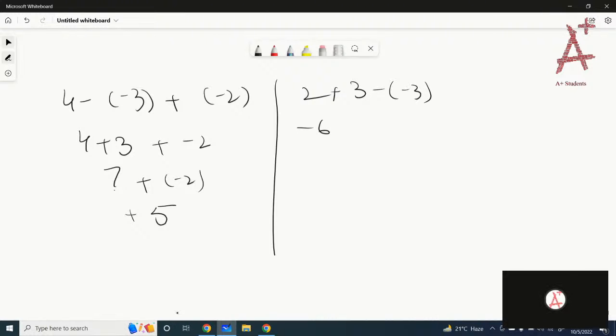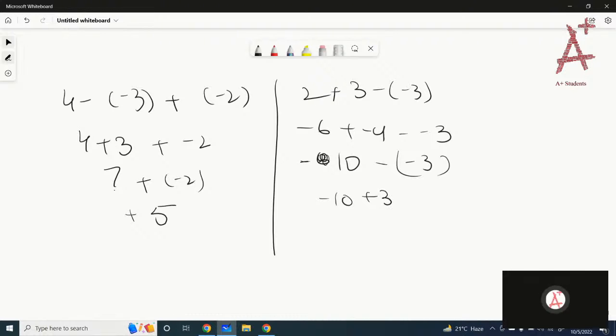Negative 6 plus negative 4 minus negative 3. So which is the correct option? Minus 7, 7 or 8? Negative 6, you are subtracting two negative numbers. Answer must have a negative sign, and it would be negative 10 minus minus 3. So subtracting a negative number is same as adding.